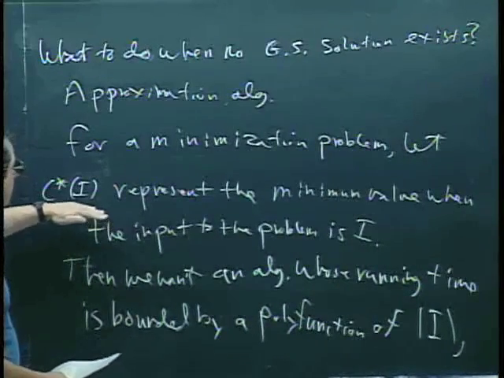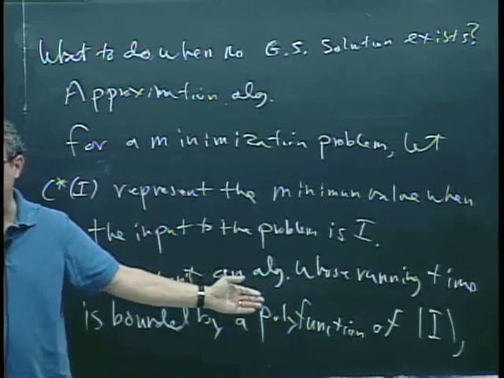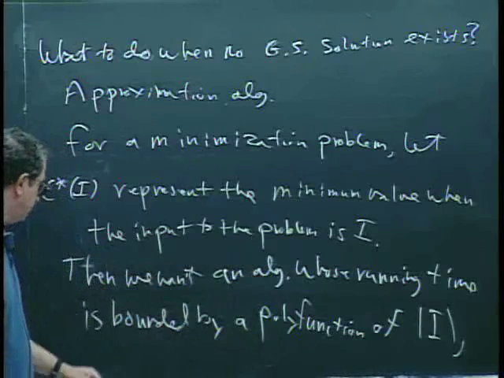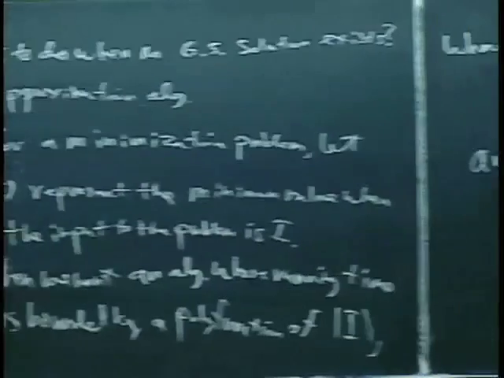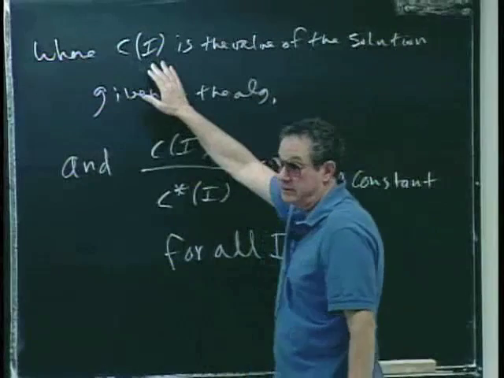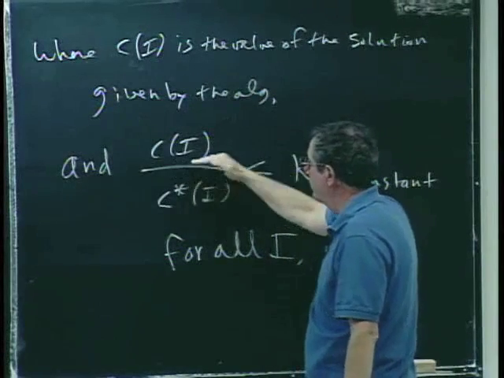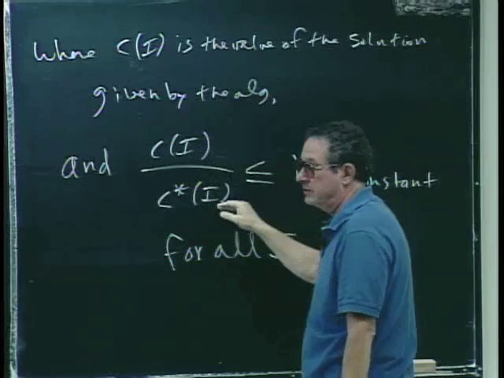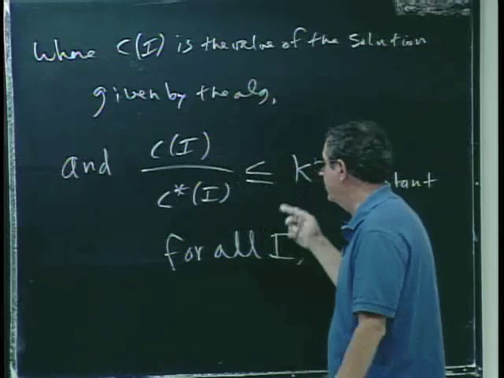We want an algorithm whose running time is polynomial, so it's a fast algorithm. It's deterministic, polynomial time. And it puts out a solution whose value is C of I. And then we're interested in the ratio. Well, how close is C of I to C star of I? What's the best you could hope for?